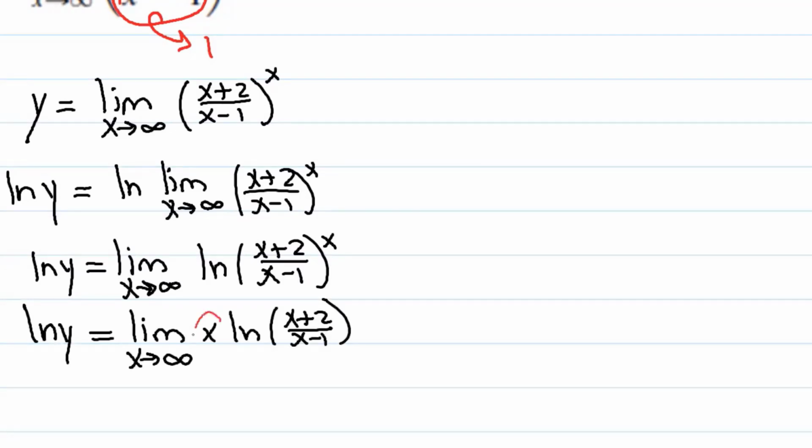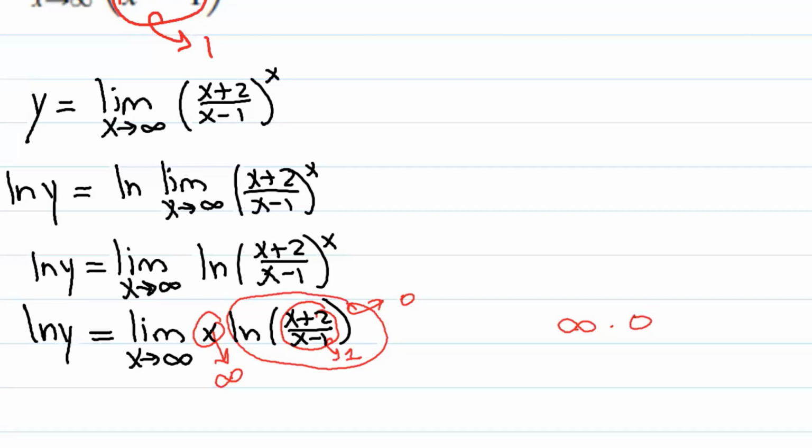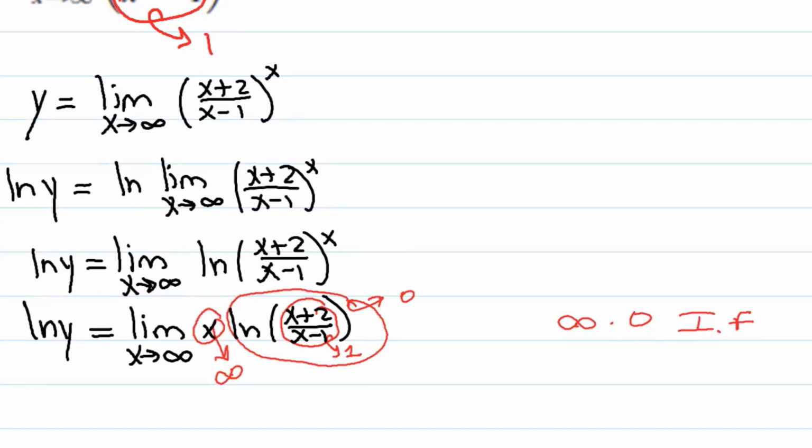So now we know x is going to infinity. We know this inner part is going to 1, but the natural log of 1 is 0. So this is an infinity times 0 indeterminate form. And of course, that's a product form, so we want to rewrite it as a quotient.